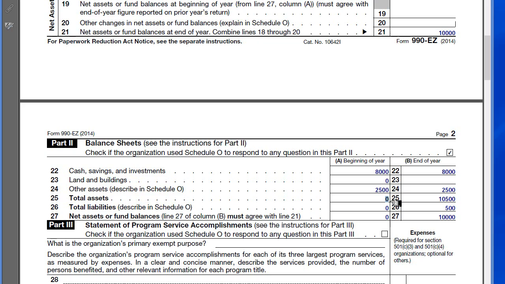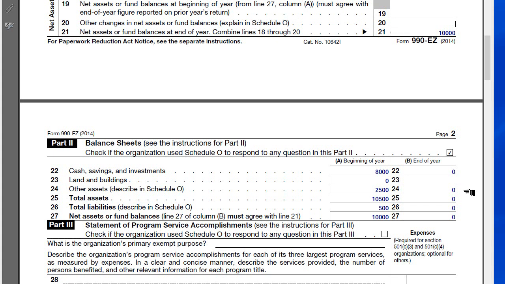Your total assets, $10,500, go here. Your $500 credit card balance goes there. And your $10,000 net assets goes there. And then you will zero these out in preparation for the end of the year balances.